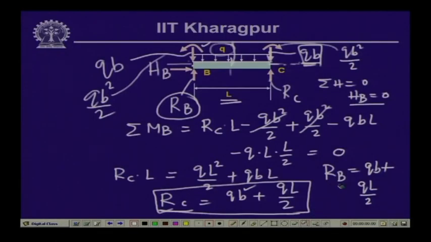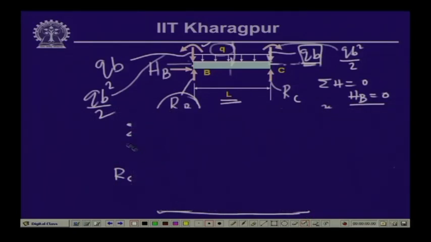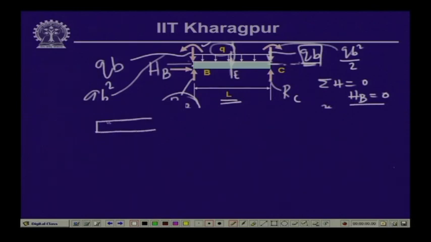Let us do that. Let us keep in mind that R b is equal to q b plus q L by 2 and R c also is equal to q b plus q L by 2. Now, let us calculate the value of the bending moment at E. If we take the free body of the left end of the beam, here we have the vertical reactive force which is R b, and H b being 0, we are omitting that.